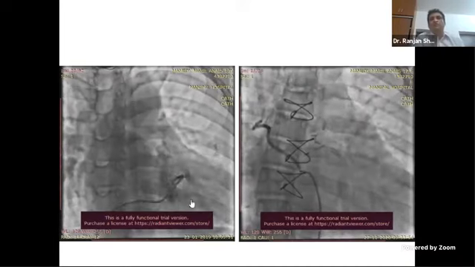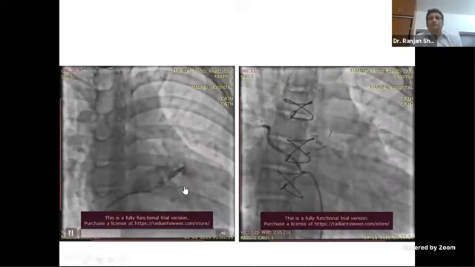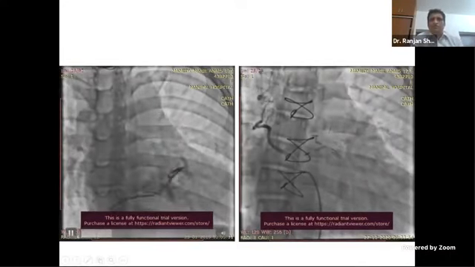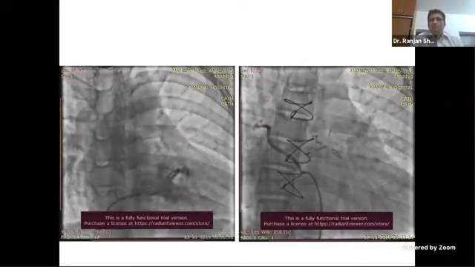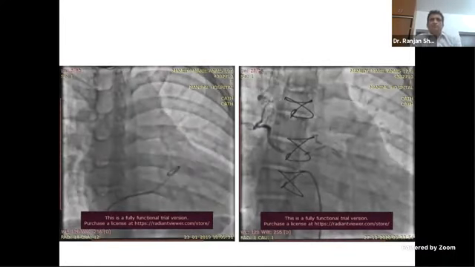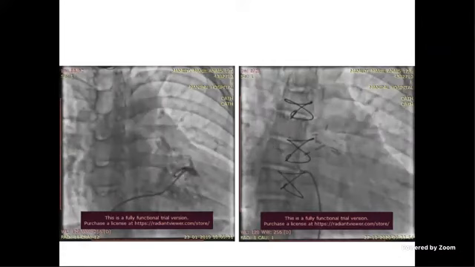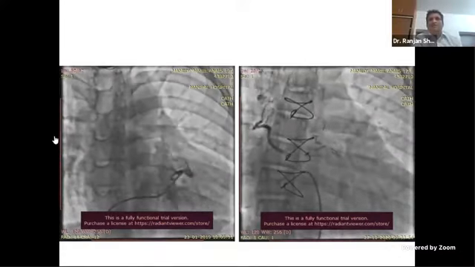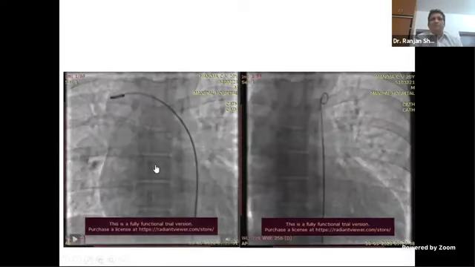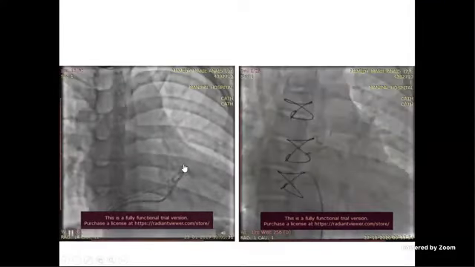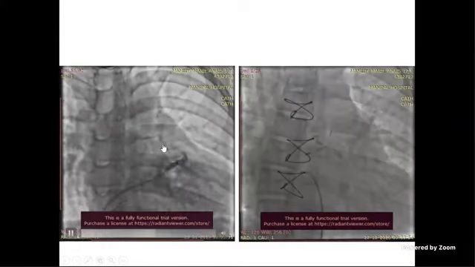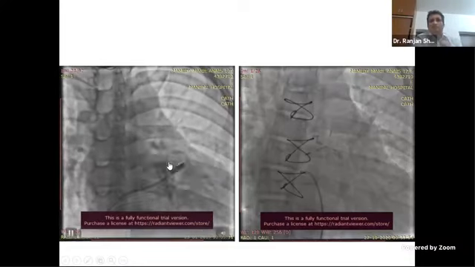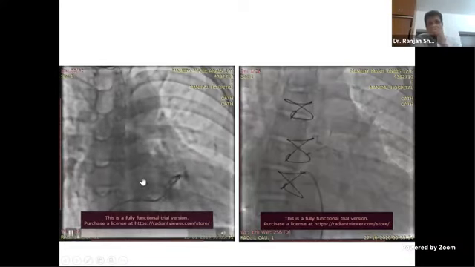What does it show? The injection into the chamber shows a blind end. Yeah, correct. Indicating what are we dealing with? The RV is going blind, so it is likely to be pulmonary atresia, no?